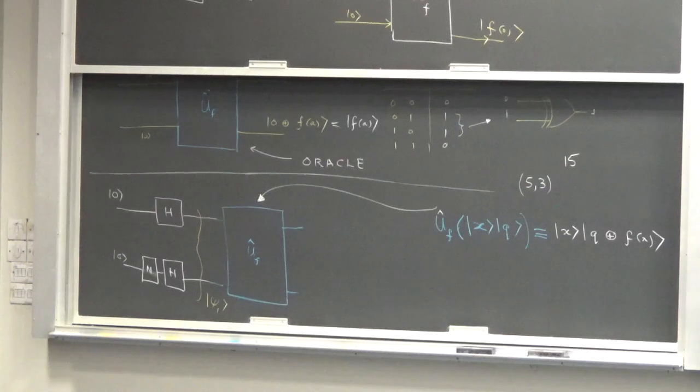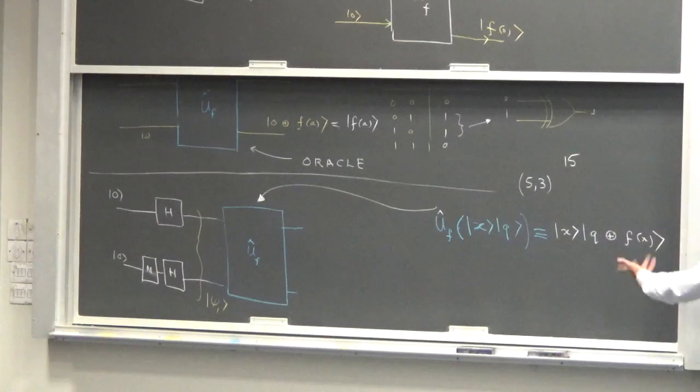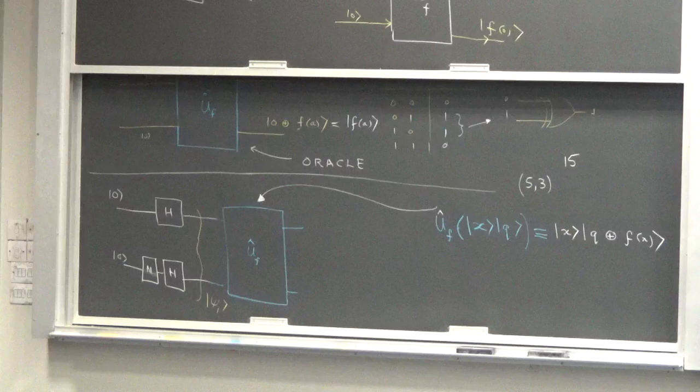So I'm just translating this here with specific inputs. So if x is 0 and q is 0, I get x here and q exclusive OR with f acting on x. Sir, here x is representing the first qubit or second? First qubit. So, all the way. I'm just mapping this.